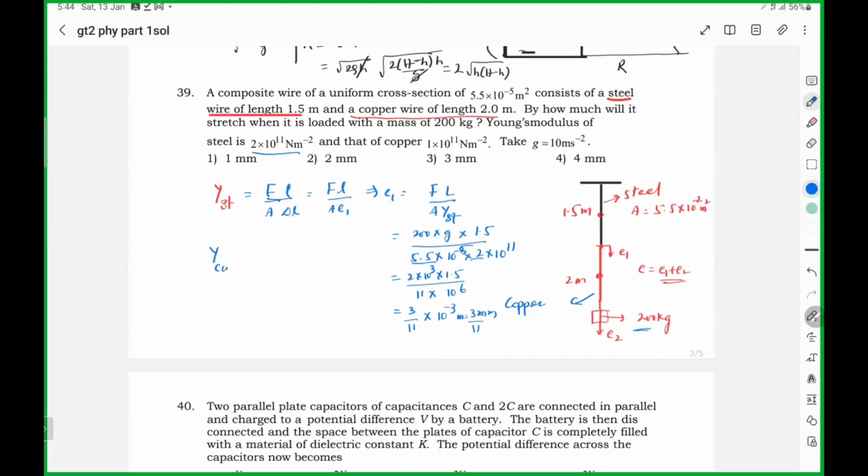Similarly, e2 will be FL by A Y. The same force, but the length has changed here. Earlier it was 1.5, now it is 2 meters. Young's modulus obviously changes, it is copper. The area of cross section has no change. And the length is 2 meters.